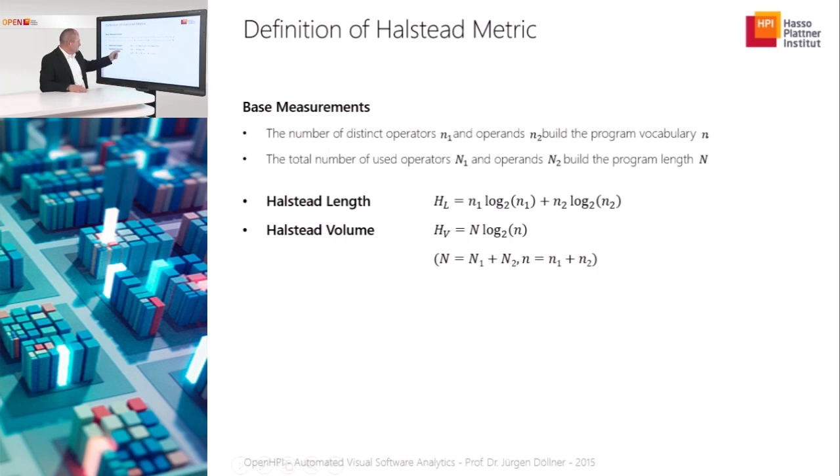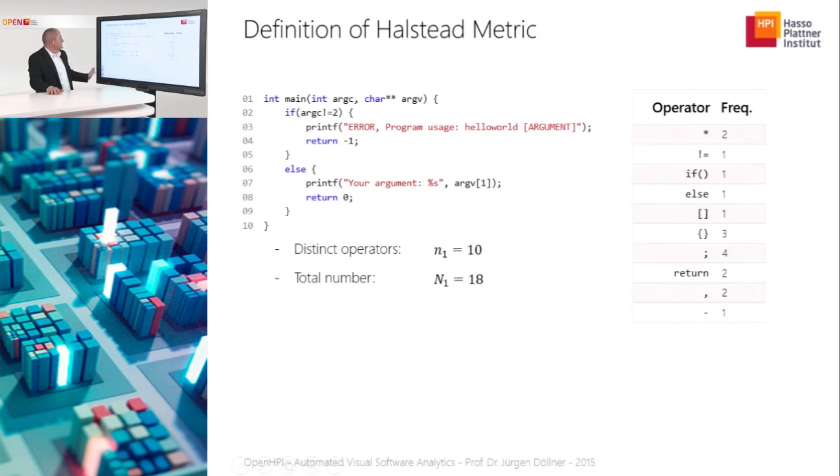Whereas the Halstead volume is computed by the total number of used operators and operands, N, and this is weighted by small n, the program vocabulary length. These are the two fundamental Halstead metrics, which are illustrated in the following example.